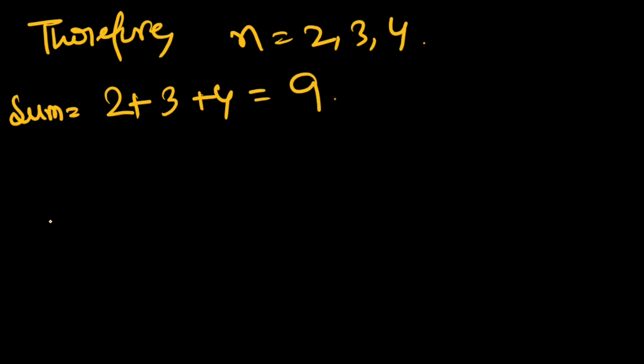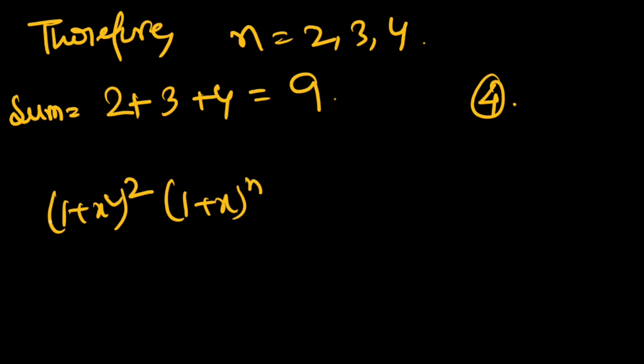So option 4 is the correct answer. Overall, in this problem we just break the expansion of 1 plus x square and 1 plus x power n in the binomial expansion and find the coefficients of x square and x cube.